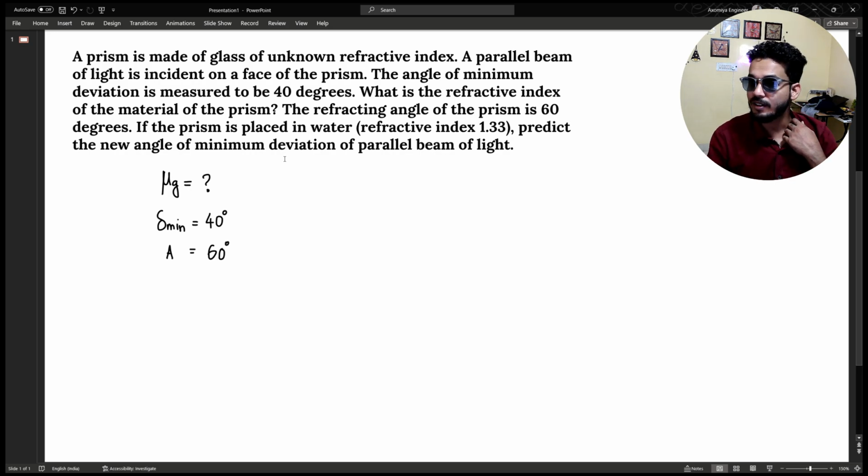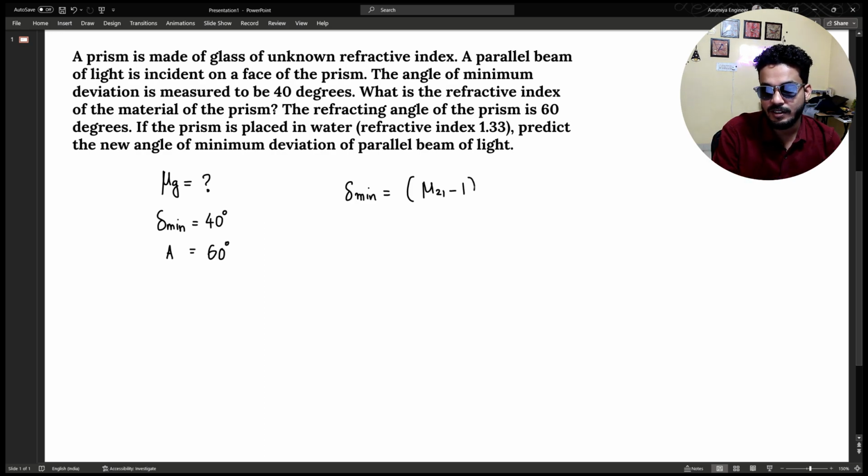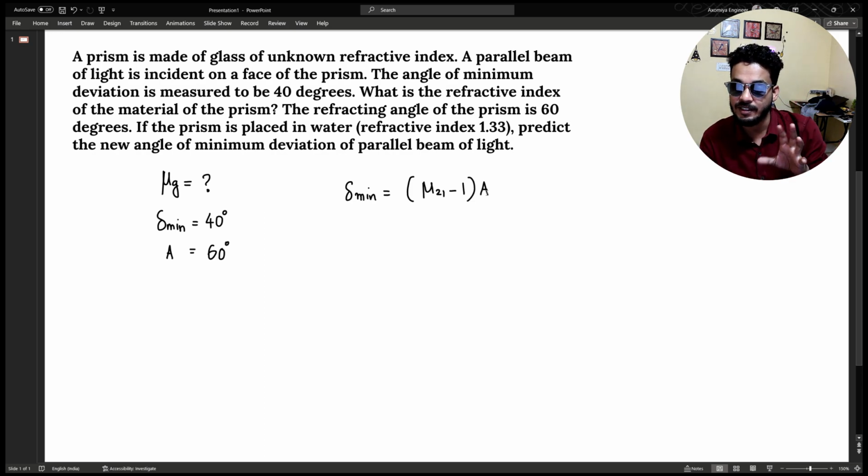We can do that, but the general tendency of students is to use this particular formula: del min is equal to mu 21, which essentially means refractive index of 2 with respect to 1, minus 1, into A. Now this is a valid formula, but when I went through the derivation, I repeated multiple times that this is only when the angles are really small.